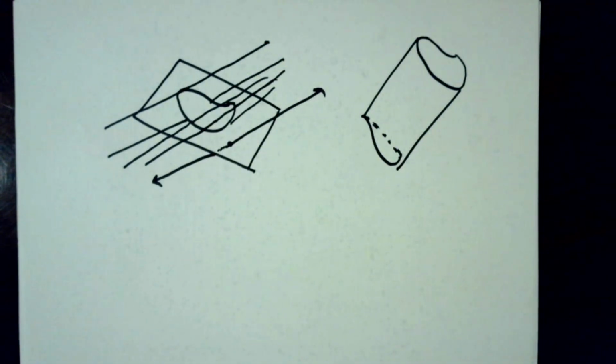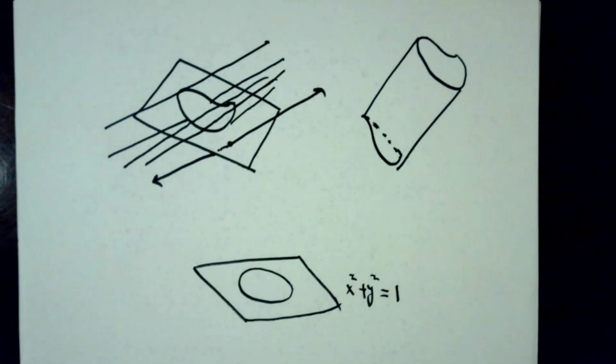The reason that we call these things cylindrical surfaces is, for example, this one looks a little bit like a cylinder, but I can draw one that looks even more so. If the plane is the xy plane, I can draw a circle in the plane. I'm going to think of the circle x squared plus y squared equals 1. The straight line not in that plane is going to be the z-axis.